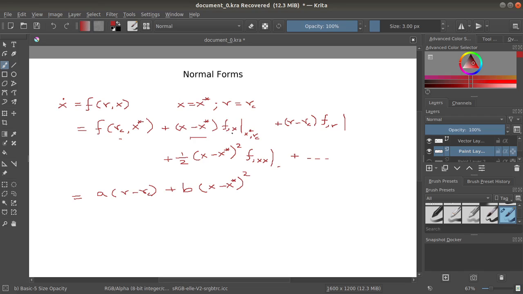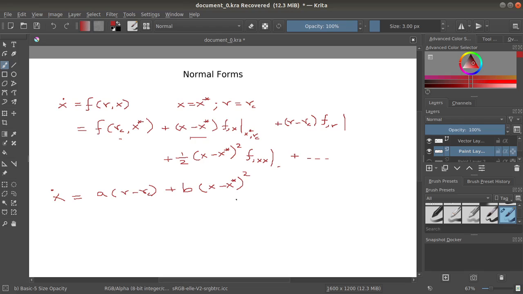When the bifurcation happens, at that time the system will have the fixed point neither stable nor unstable. It will be half stable, right? So when the system is half stable, the linear term will vanish. Therefore finally I will have my x dot in this form.